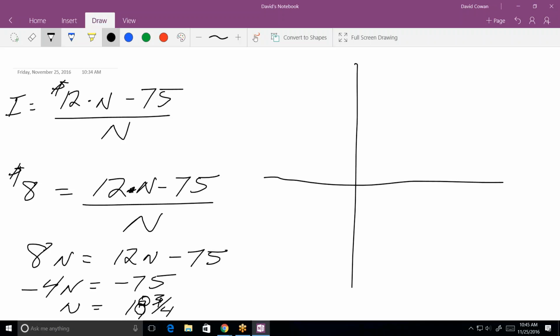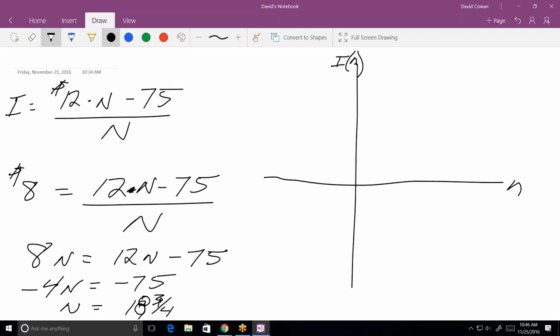N's got to be greater than 7. So in other words, if this is the average income as a function of n, and this is n, am I correct?